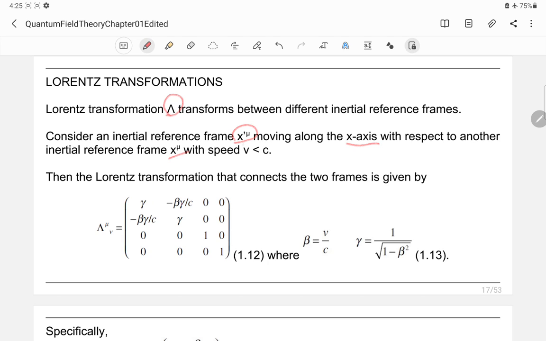So in this frame, a particle may be moving in the x-axis, but in this frame it may not be moving in just one axis, but it could also be three axes.